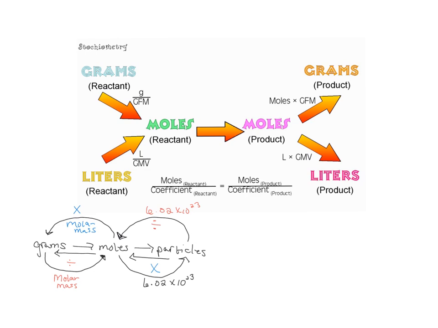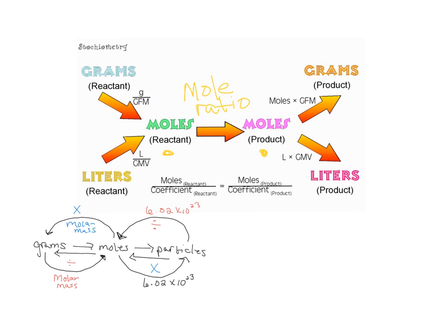Here, however, I want to point out that when you go from the moles of the reactants to the moles of the product, what number do you need? What's not listed here that it should say is that you need the mole ratio. The mole ratio comes from the coefficients in your balanced chemical equation.